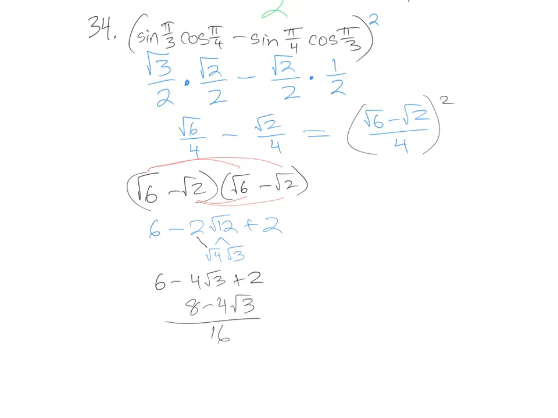Yes, so now we're going to reduce everything by 4. And we get 2 minus square root of 3 over 4. And that's what's in the back of the book. They actually pull the 1/4 out in front and write it like this, but it's not necessary. So leave it like the 2 radical minus radical 3 over 4.